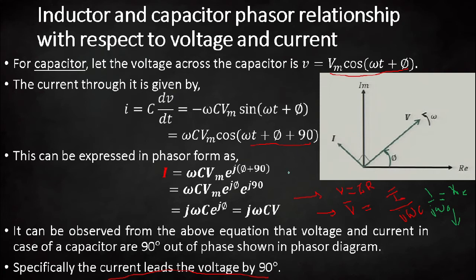And from the phasor diagram we just concluded that current leads voltage by 90 degrees.